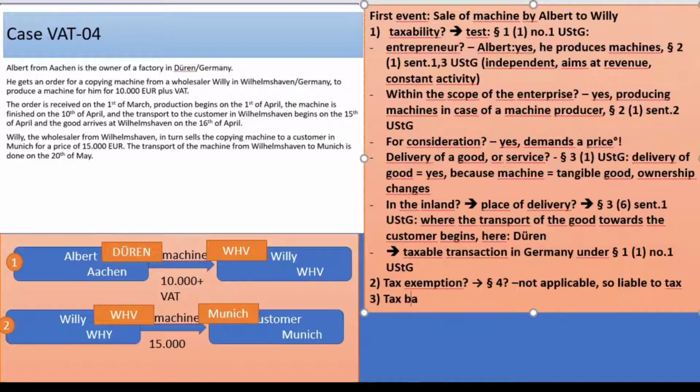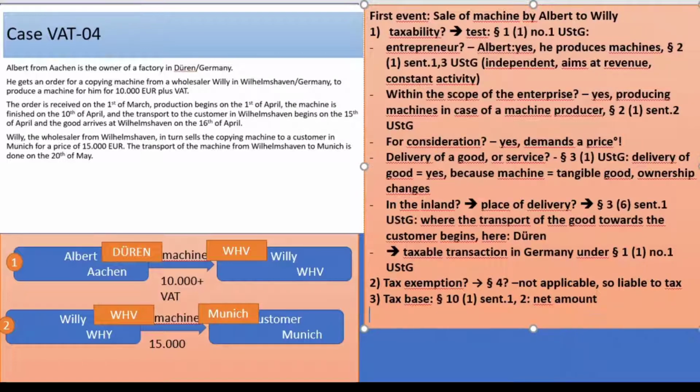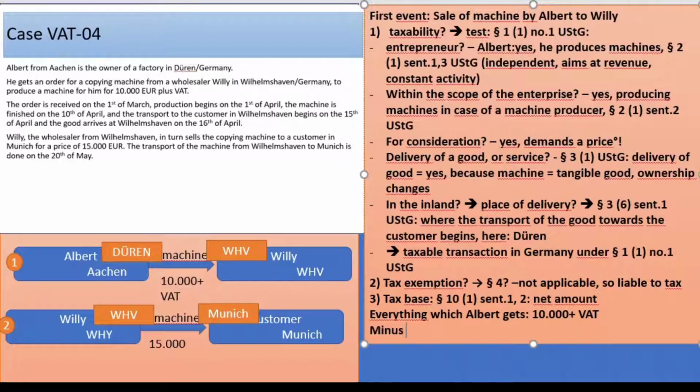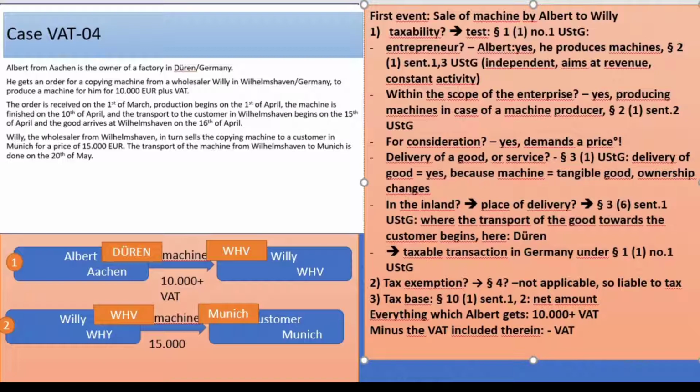Number 3, the tax base, paragraph 10, 1, sentence 1 and 2, the consideration, so the net amount, that's everything which Albert gets. And he gets 10,000 plus VAT minus VAT included therein. So minus VAT, the net amount is evidently 10,000.